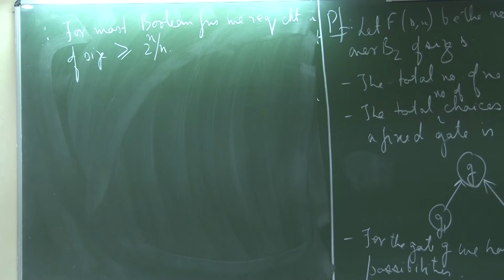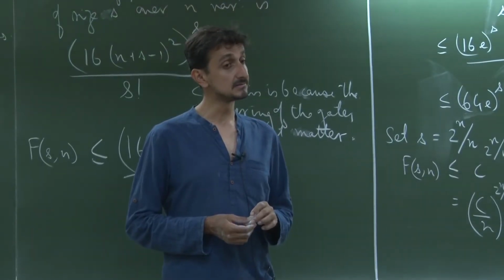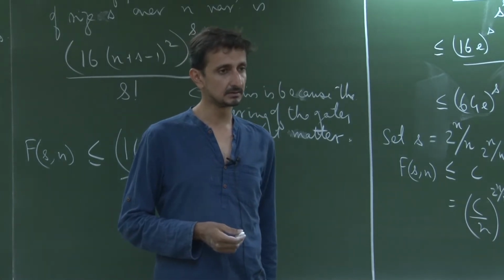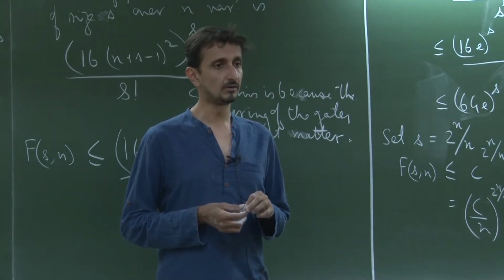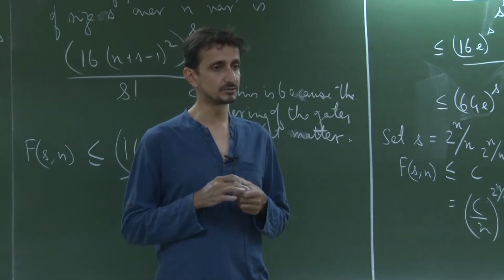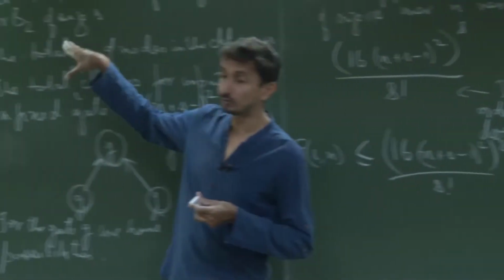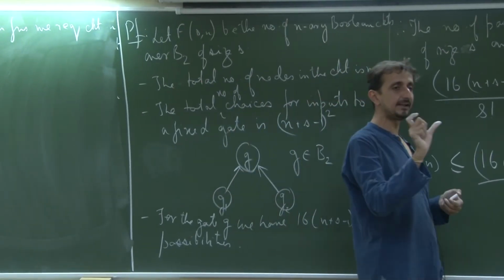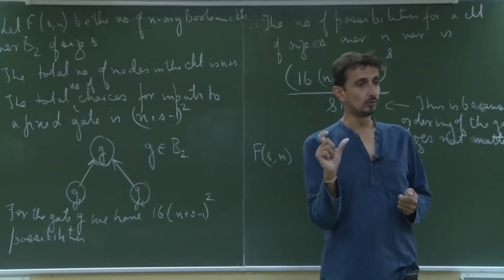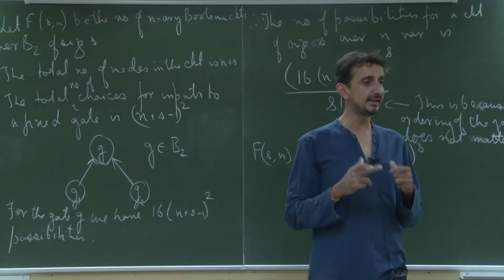We say a circuit, n-ary means that the circuit has n inputs. The circuit is over B2, which means that each gate is an element of B2, which means that each gate has a fan in of 2, or each gate takes 2 inputs.